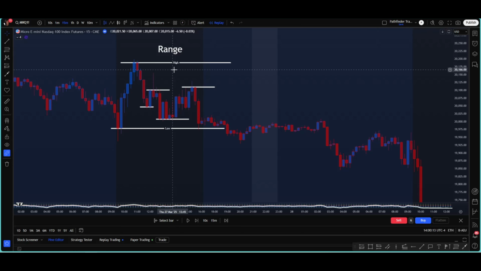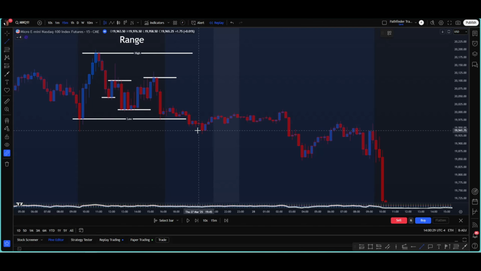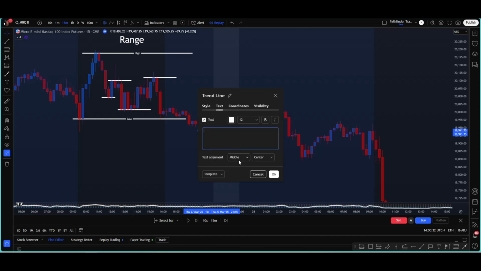And you can see then the market finally breaks right here. So at this moment, this is where the range was broken, okay? And now we see the market make a new low. And this is where your downtrend now starts.